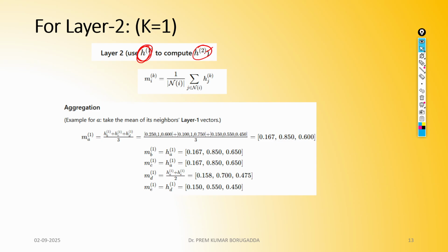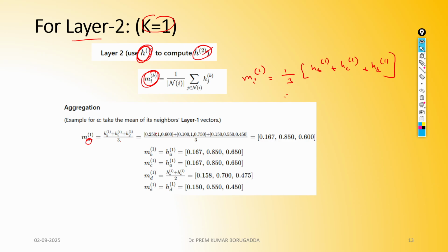Before calculating the H2, first you need to calculate the average mean at K value. Here for layer 2 the K value is 1. So in this formula you can substitute Mi of 1 is equal to 1 by the number of neighbors. For node A, how many neighbors are there? 3 neighbors. What are the neighbors? HB of 1 plus HC of 1 plus HD of 1.